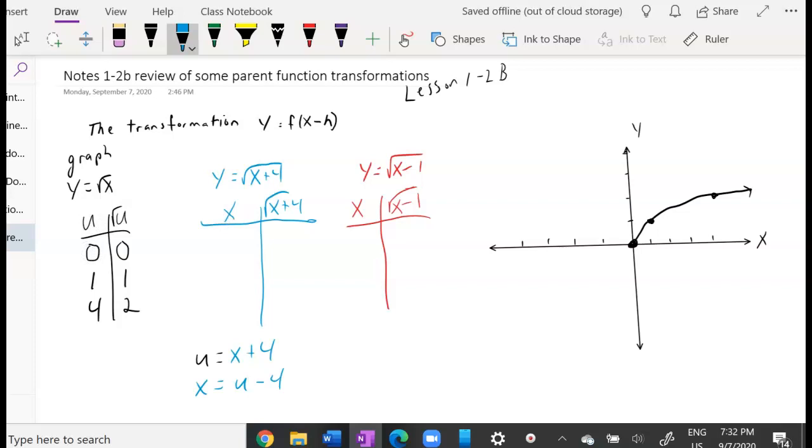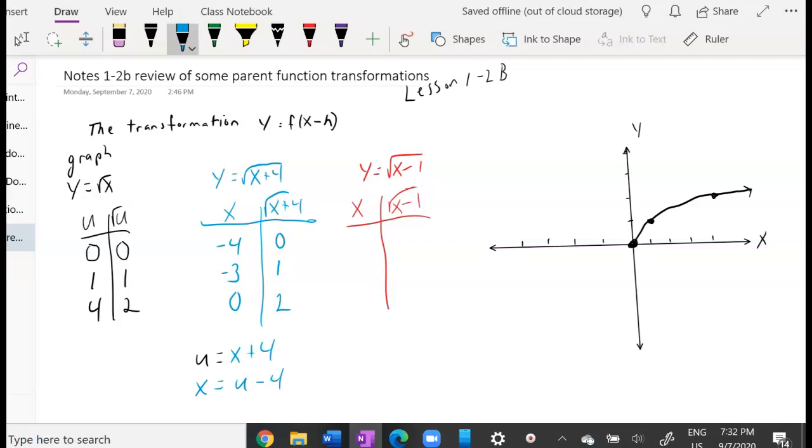So 0 minus 4 is negative 4, 1 minus 4 is negative 3, and 4 minus 4 is 0. Now nothing's changing on the outside of this function, so nothing's changing with the y's, so they're still going to be 0, 1, 2.